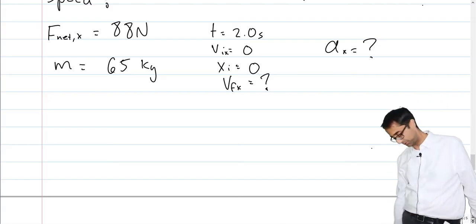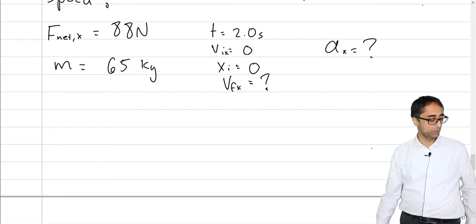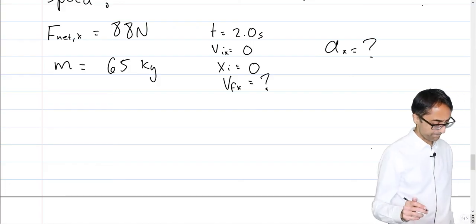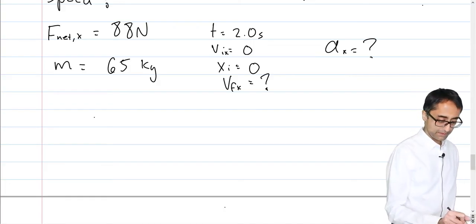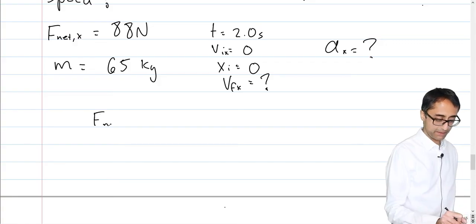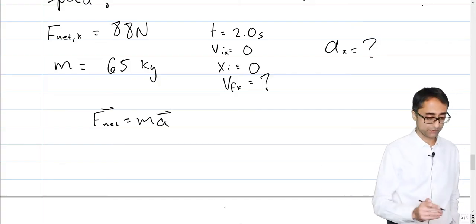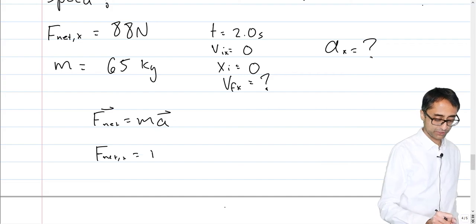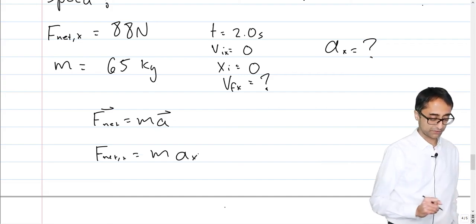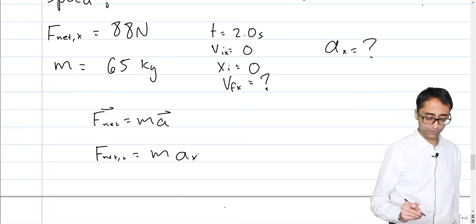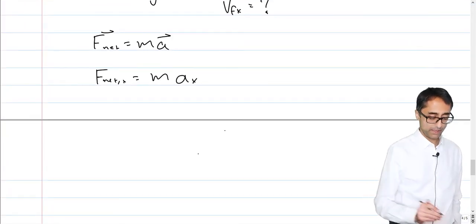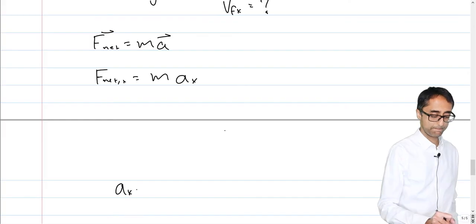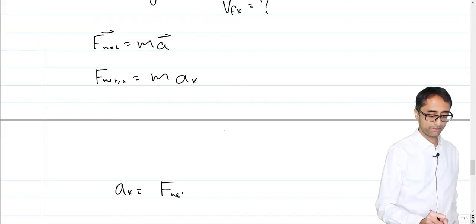Okay, so we have a force, we have a mass, we're trying to find acceleration. Clearly what we're going to use is our F equals ma. And so let's have that F net equals mass times acceleration, Newton's second law in general. We're applying it to a specific direction. In the x direction, this becomes like so, allowing us to solve for the acceleration as simply F over m.